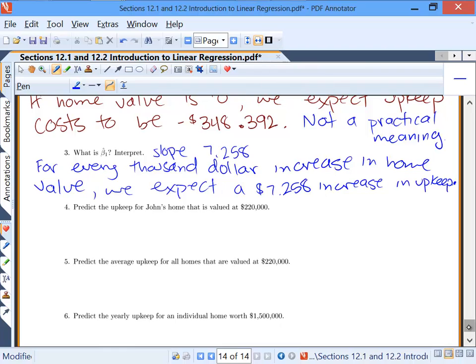Okay, so let's predict the upkeep for John's home that is valued at $220,000. What do we need to do here? Divide 220,000 by 1,000 to get our actual x value, so our x value in this case is just 220, and then I just need to plug it into our equation to predict it.